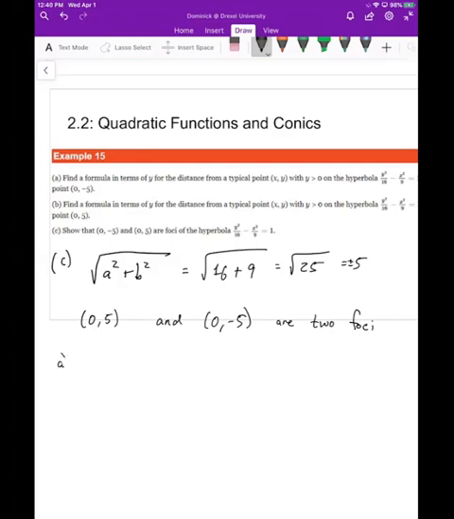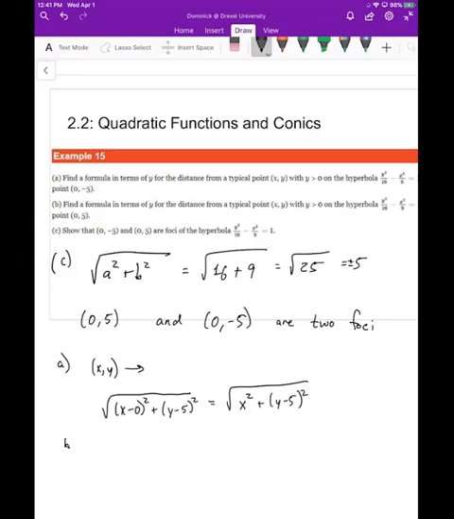Now for part A, if we find a typical formula for the distance in terms of y, if we take our arbitrary point (x, y), then we have the square root of (x minus 0) squared plus (y minus 5) squared, which we can write as the square root of x squared plus (y minus 5) squared.